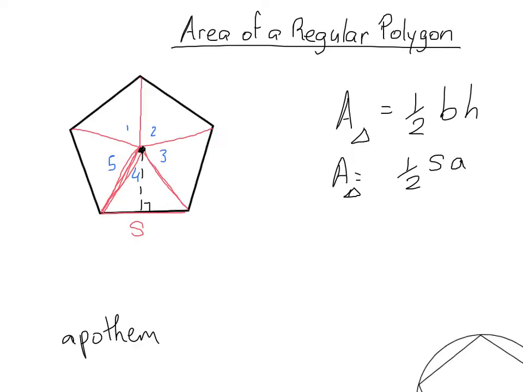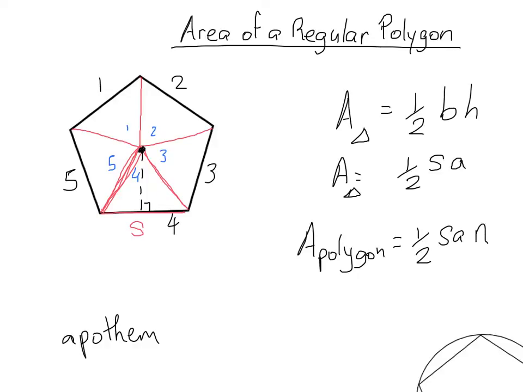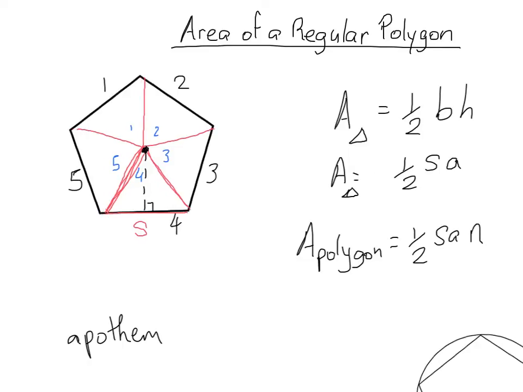You may recall that the number of triangles is the same as the number of sides. There are 5 sides here because there are 5 triangles, and it's a 5-sided figure, a pentagon. So in order to figure out the area of the polygon, we have to multiply half side times apothem by the number of sides, so let's call that n.